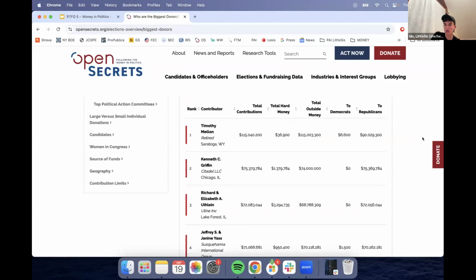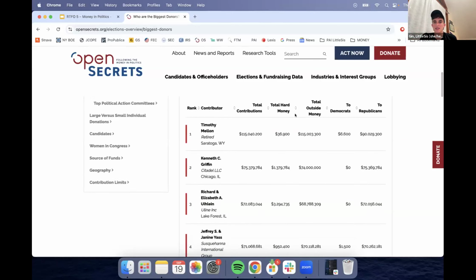So that's money going directly to a candidate or candidate committee. And then most of that, the far bulk, is going to outside money, so to these PACs and super PACs.